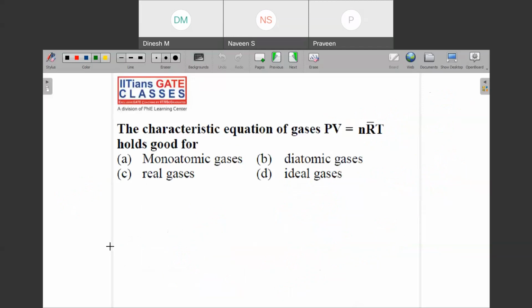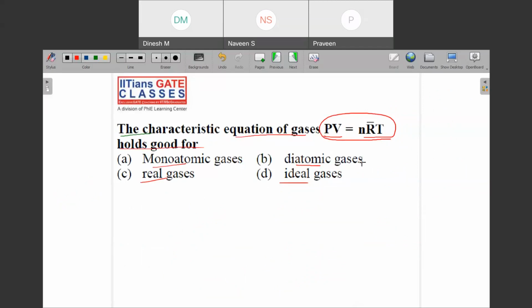Next question. It says that the characteristic gas equation of gas is PV equals n R bar T. This holds good for whom? Option A, monoatomic gases. Option B, diatomic gases. Option C, real gases. Option D, ideal gases.